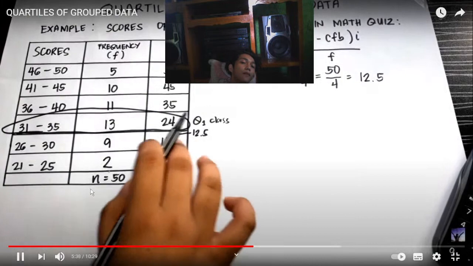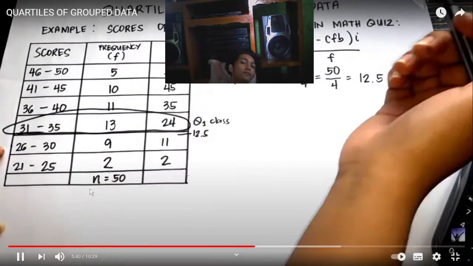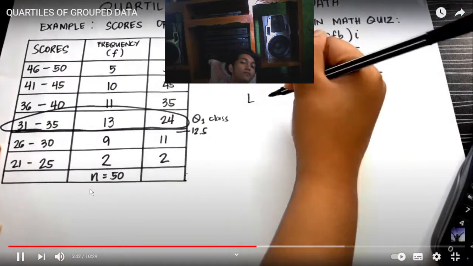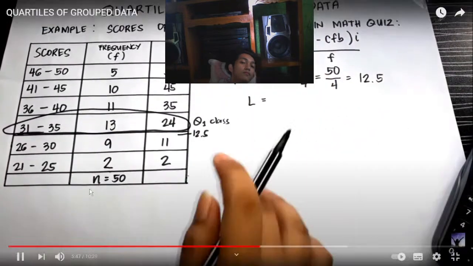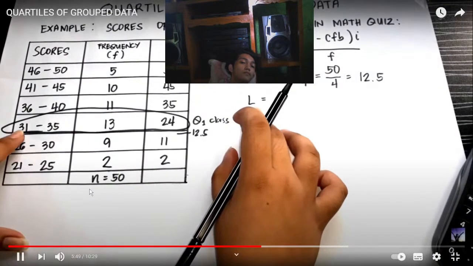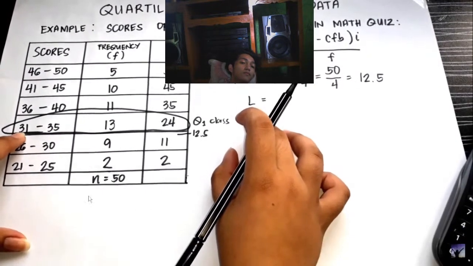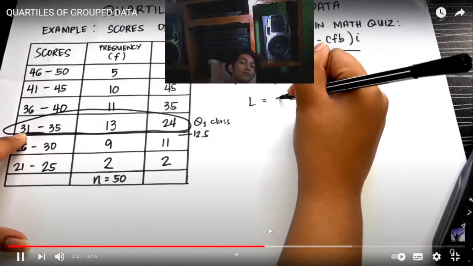Okay, now we have our quartile 1 class. We can now get L. Again, what is L? L is lower boundary. To get the lower boundary, we have to get the lowest score of our quartile 1 class, which is 31.